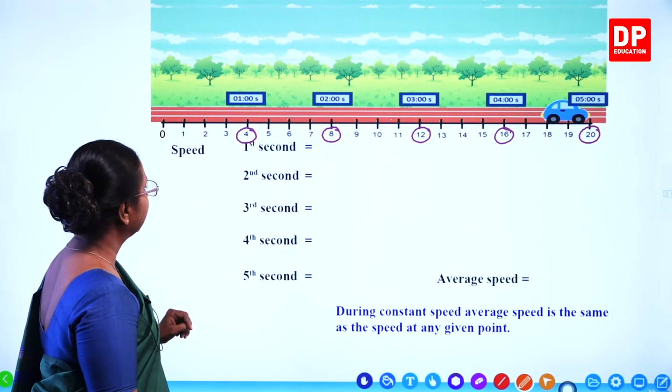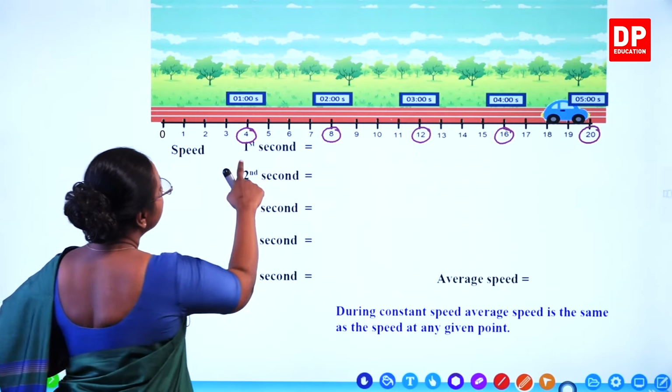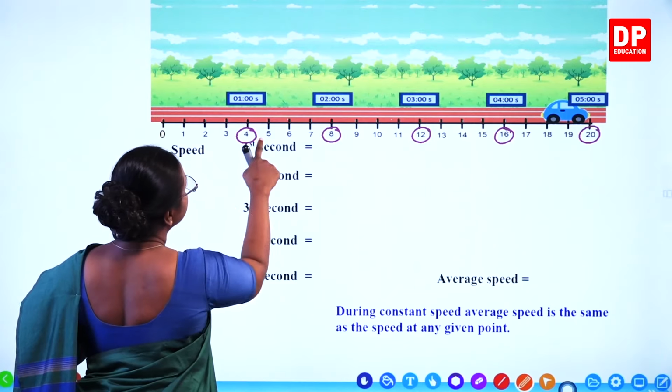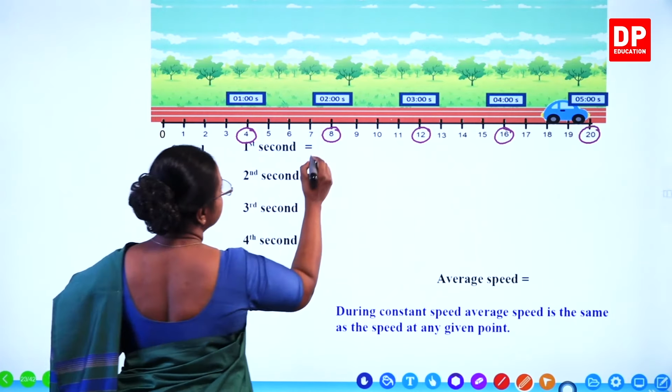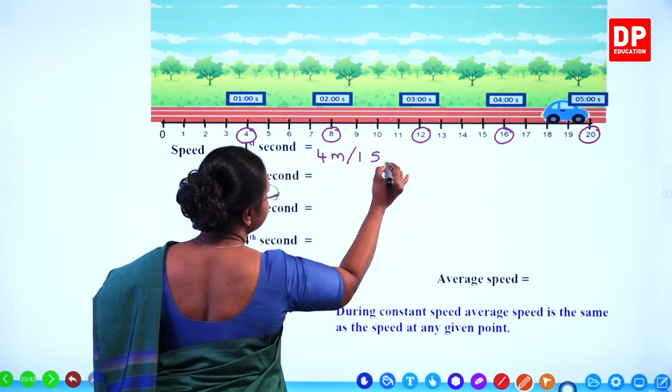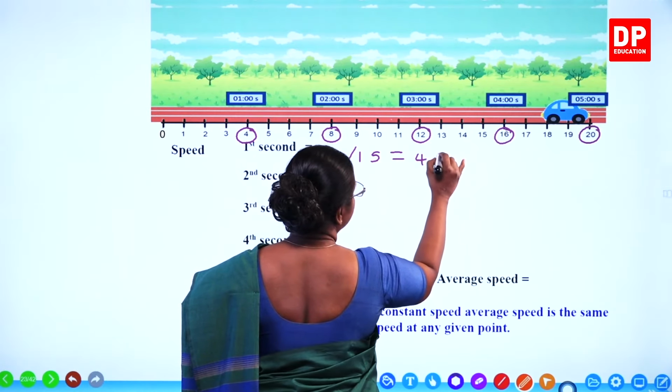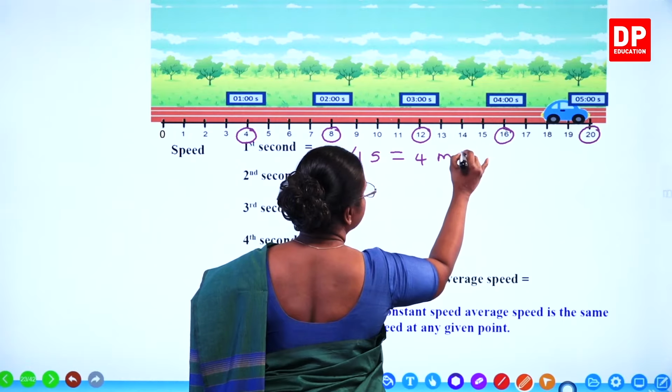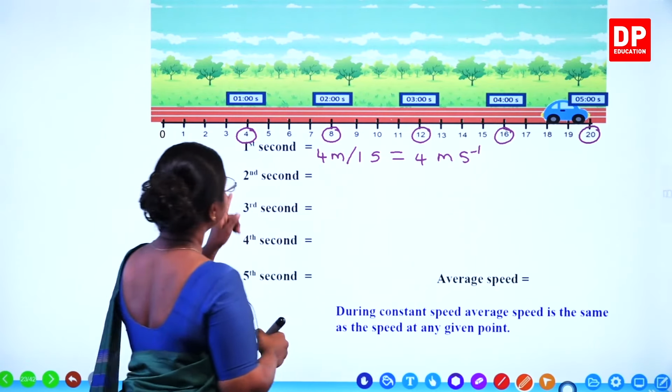We will calculate and see. During the first second, the distance traversed is 4 meters divided by 1 second. So, it is going to be 4 meters per second.